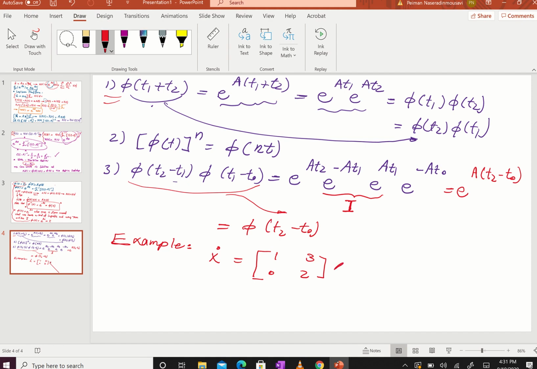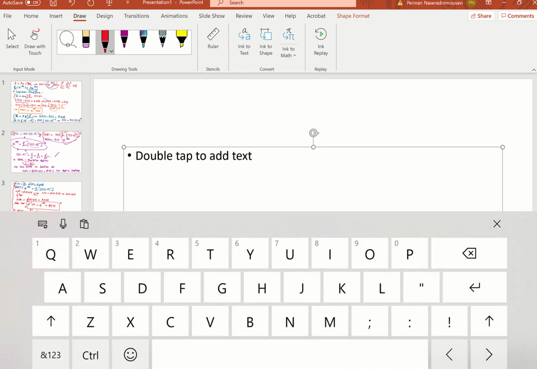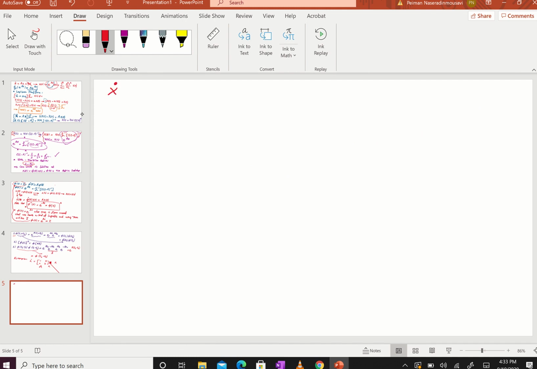This is a homogeneous LTI system, and this is your A.